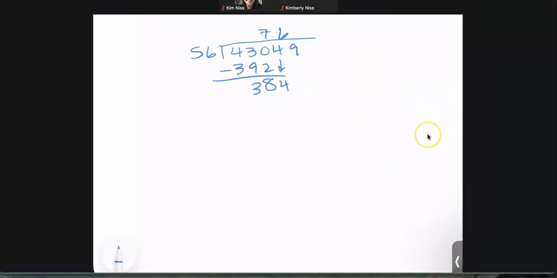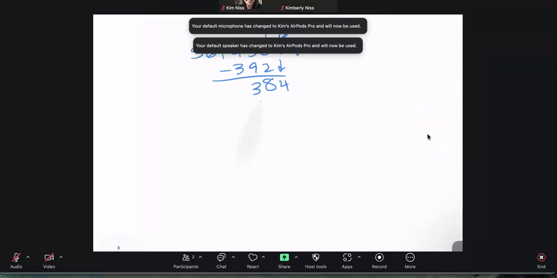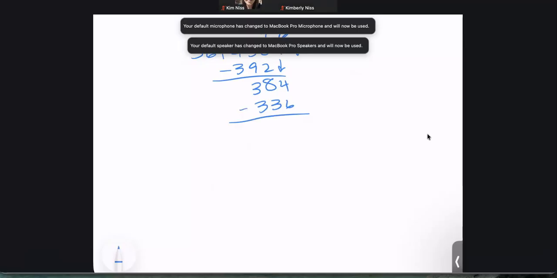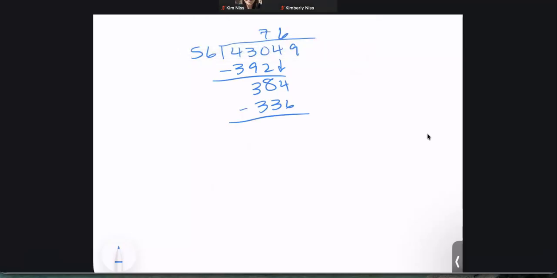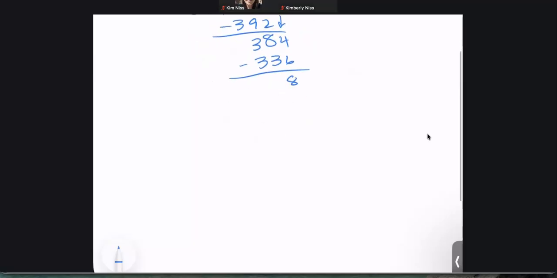Oops, sorry. Here, let's go back here. 336. So now we're going to subtract through, so we can't do that, so we have to borrow from the 8, so that makes that 7. So 14 minus 6 is 8. 7 minus 3 is 4.